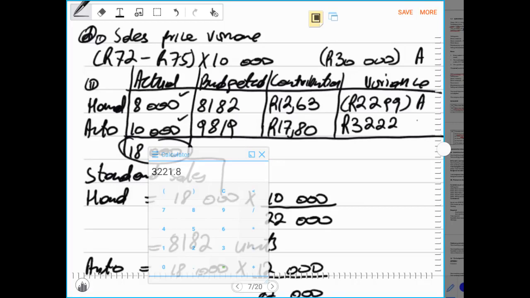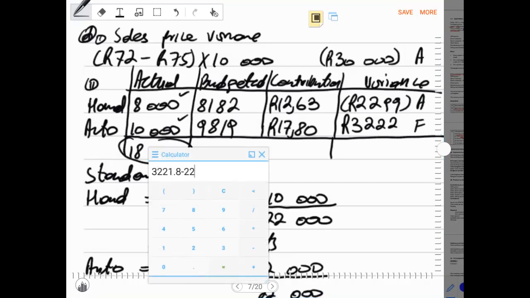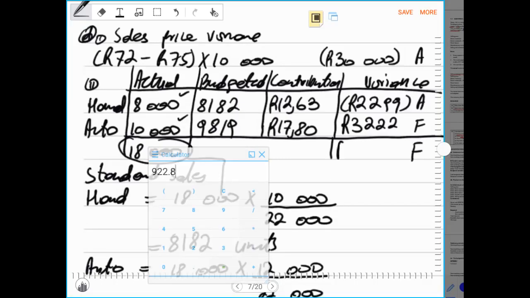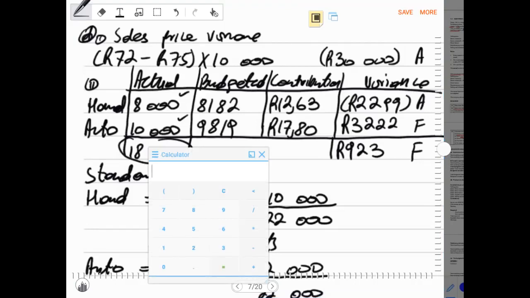This is adverse, this is favorable. Then the total would be minus 2,299. Then the net will be a favorable variance of 923, which is 3,222 minus 2,299. I get 923.